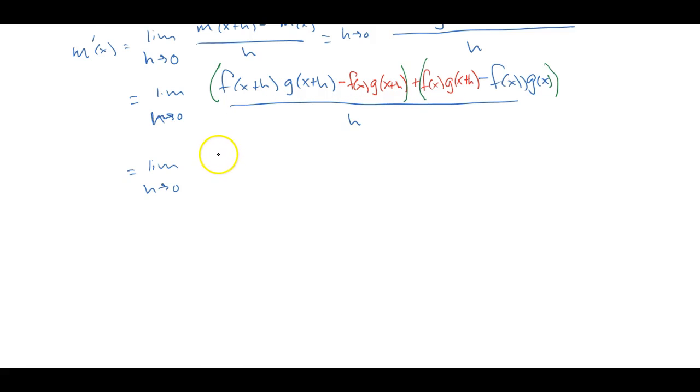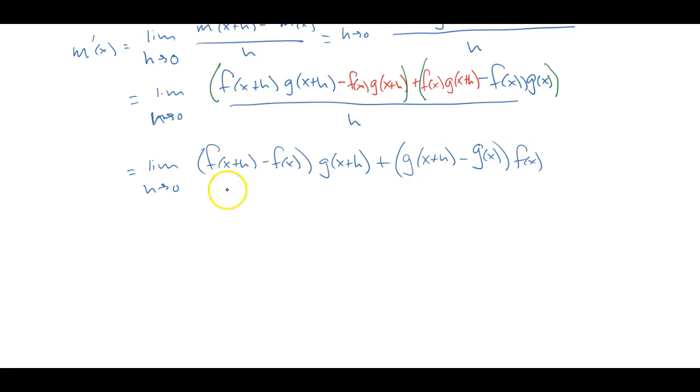So if we pull out a g of x plus h, I get f of x plus h minus f of x, times g of x plus h, plus, and in the second group we're going to pull out the f of x, so I'll have g of x plus h minus g of x, times f of x, all divided by h.